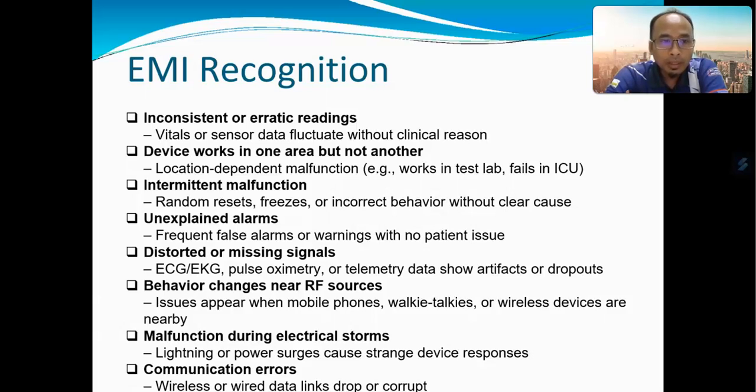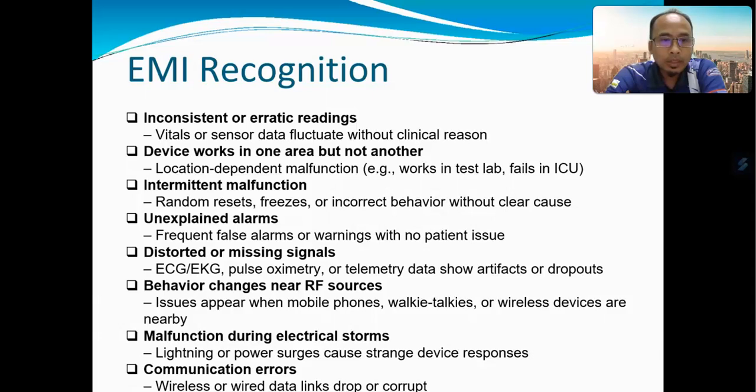And then next, EMI can be recognized through unexplained alarms. Suddenly the medical device produces frequent false alarms or warnings with no patient issues. For example, suddenly the heartbeat of the patient is increasing even though the patient is in good condition, right?